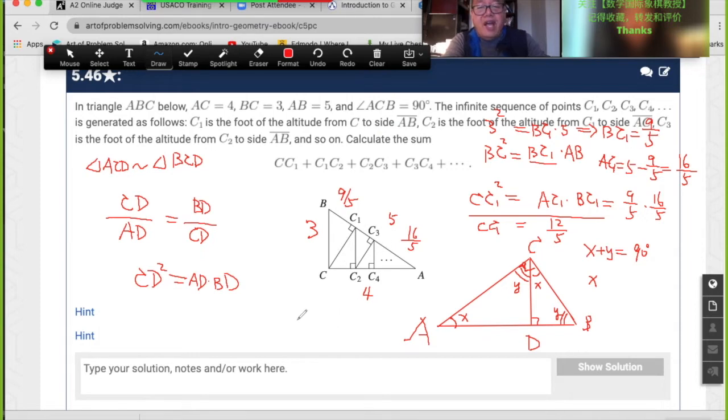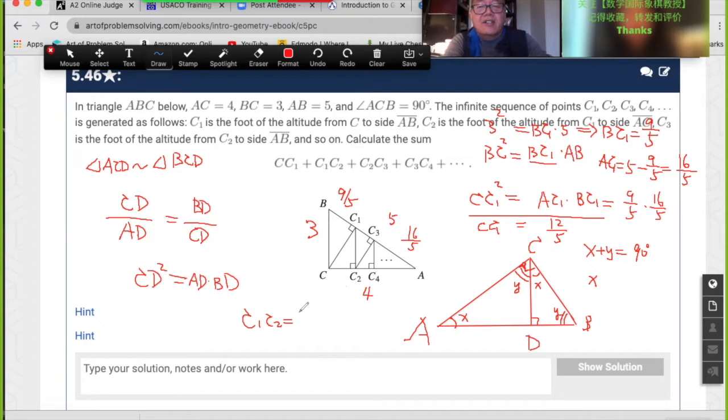Then you calculate C1C2. Okay, what is C1C2? You need to calculate C1C2.